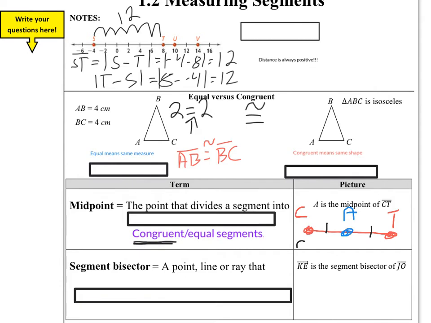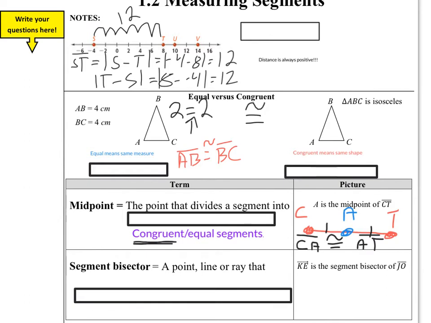So we could say that CA is congruent to AT. And those are segments. That's what the midpoint does. It breaks it into equal length segments or congruent segments.